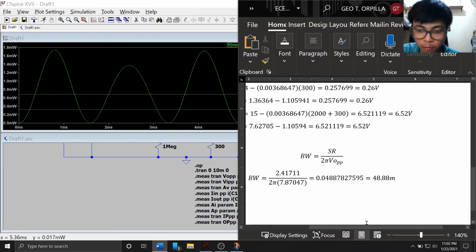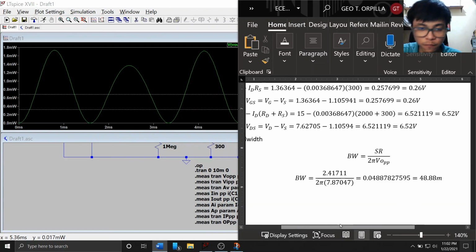So that is the power bandwidth of our circuit.